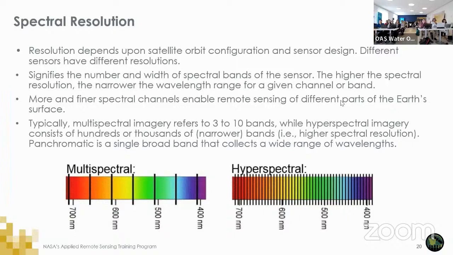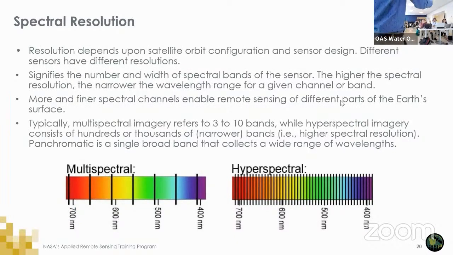What spectral resolution is showing is the number of bands that you're collecting and also the width of those bands. So we talked about the electromagnetic spectrum, and how we can only see in the visible, but the instruments that we're using are able to collect throughout that entire spectrum. And that resolution is basically saying what part of that spectra you're collecting.